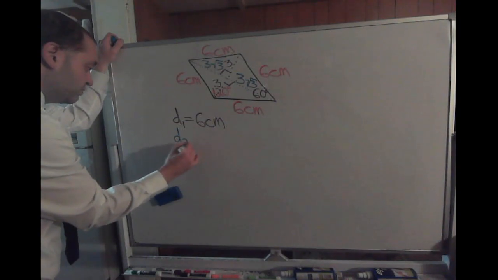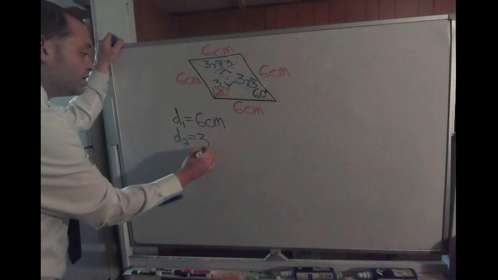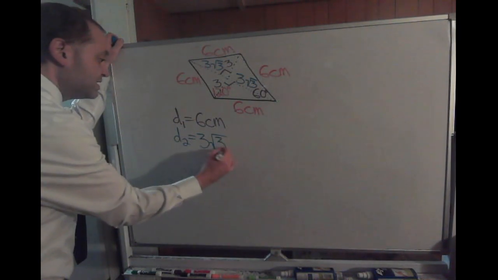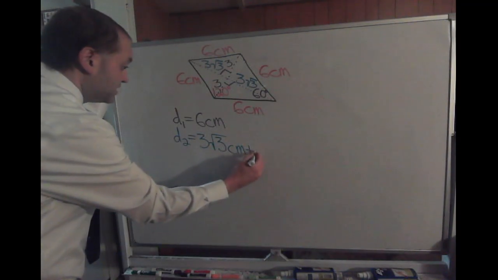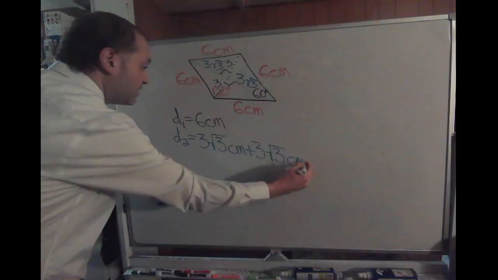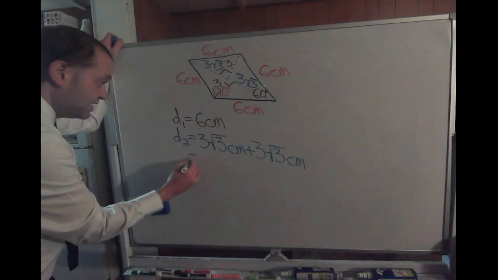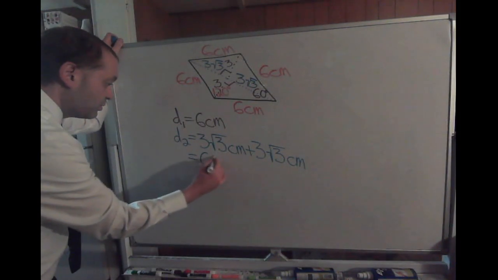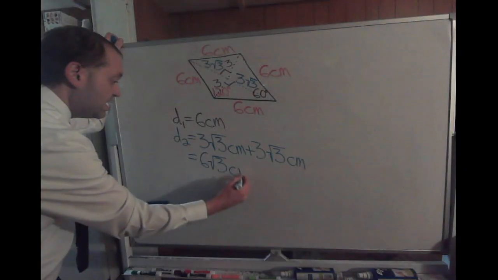So your diagonal 2 is equal to 3 times the square root of 3 centimeters plus 3 times the square root of 3 centimeters, which means that it's going to be equal to 6 times the square root of 3 centimeters.